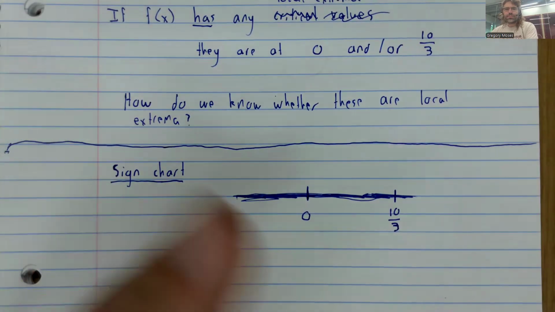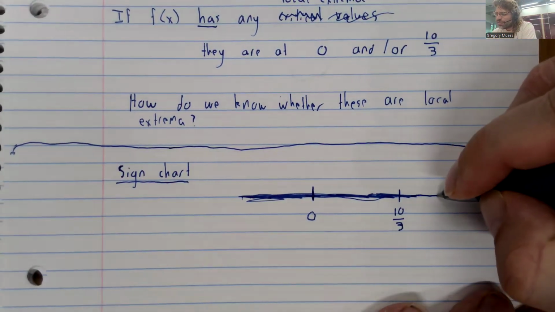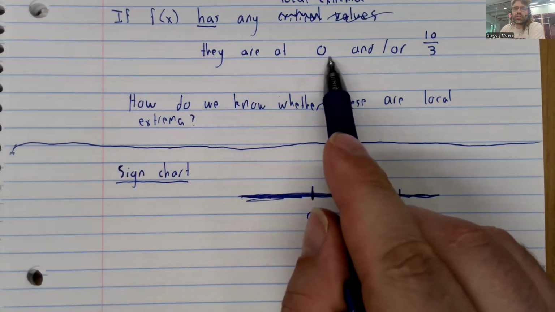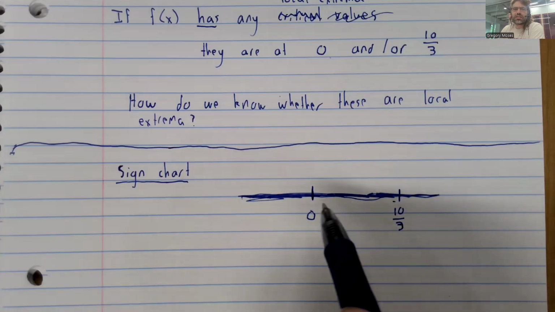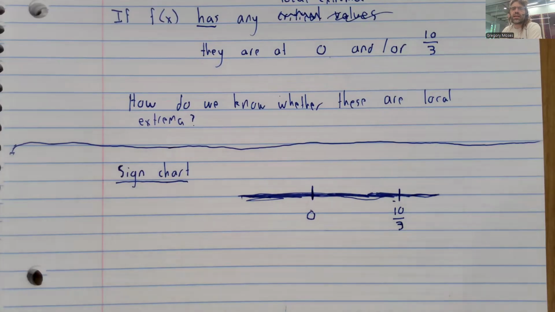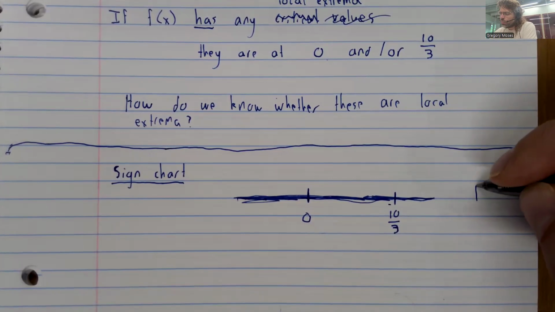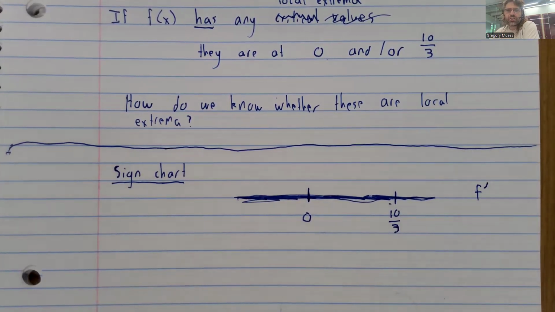Now we create a sign chart. A sign chart is a number line with the critical values marked off on it. So for this example, 0 and 10 thirds. And we use the derivative to construct the sign chart.